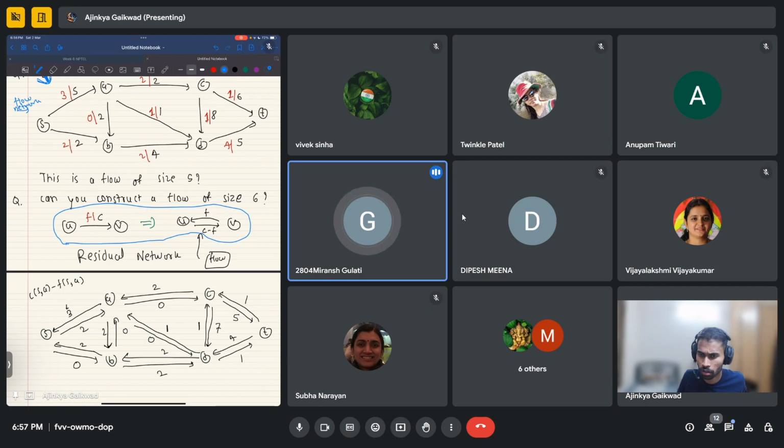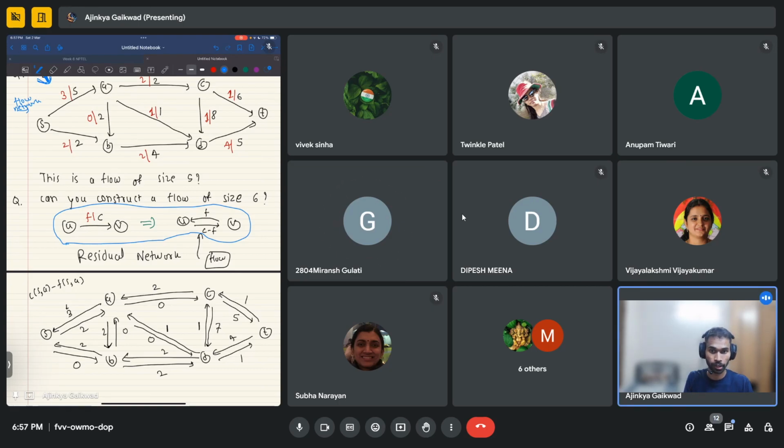So in A to C, we shouldn't be having a forward. Wait. In this residual network, there is no flow. These are all capacities of edges. So from C to A I have edge 2, and A to C I have an edge, but these numbers are capacities. Okay.